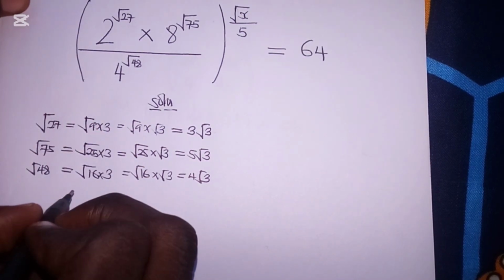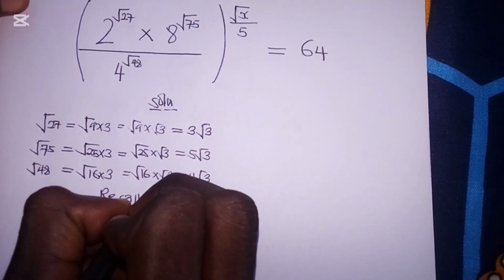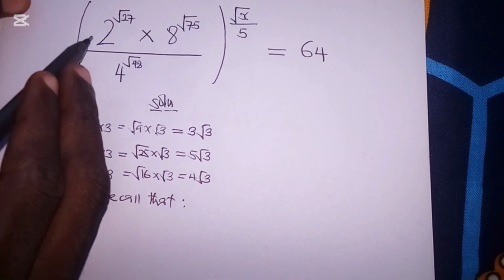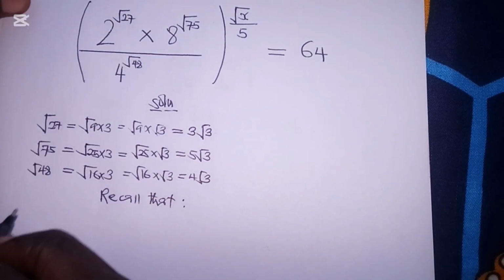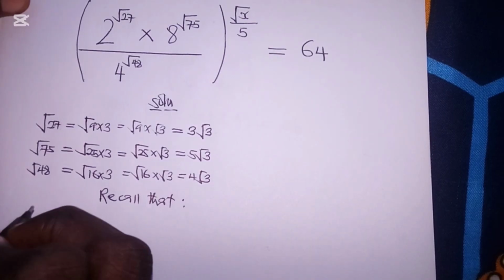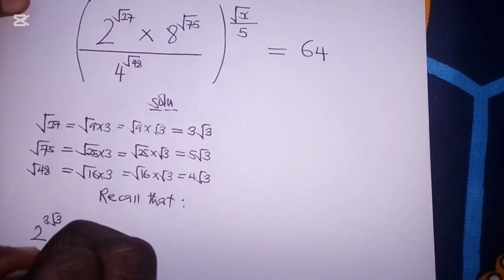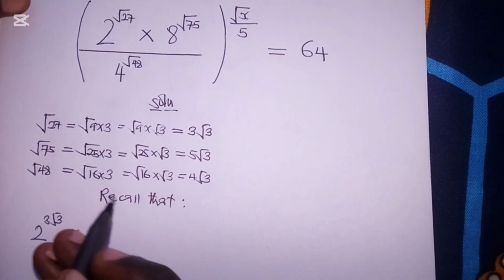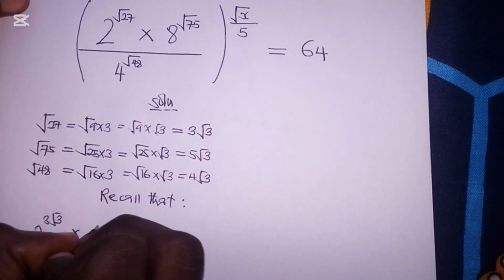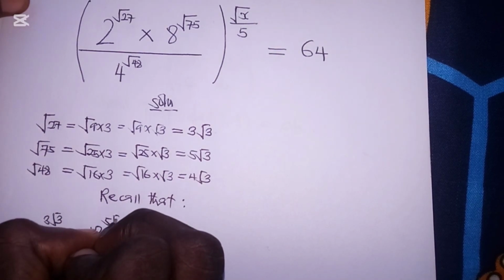Now recall that instead of 2 raised to the power root 27, we already have it as 2 raised to the power 3 root 3, multiplying by, instead of 8 raised to the power root 75, now we have 8 raised to the power 5 root 3.